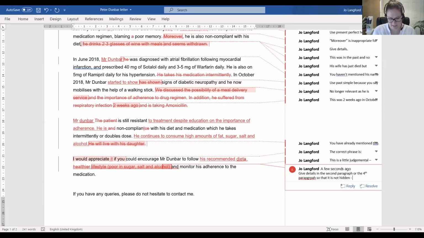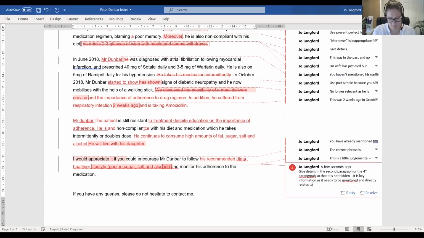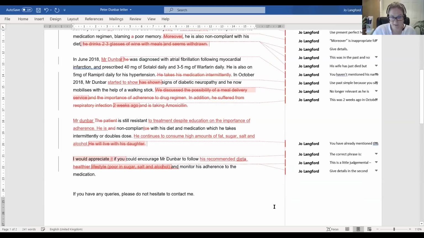It is key information as it needs to be monitored and directly relates to the purpose of the letter. Okay. So lots of positives in this letter, but there are definitely some areas to improve.